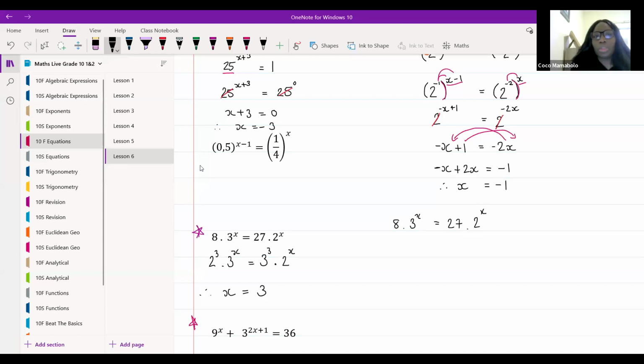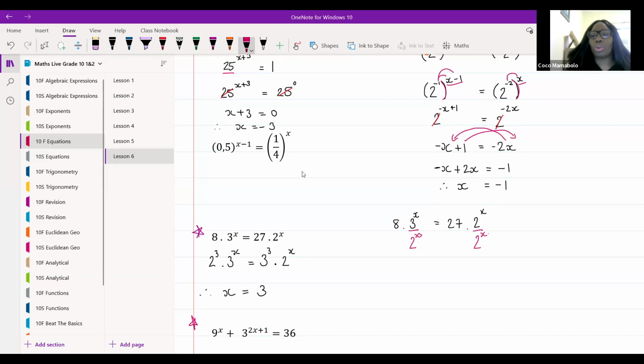Now, just like when we solve linear equations, I want anything with an x on one side, and anything without an x on the other side. So I want this 2 to the power of x on this side, and I want this 8 on the other side. But these two things are multiplied to each other, so the only way I can get rid of the 2 to the power of x is if I divide both sides by 2 to the power of x.